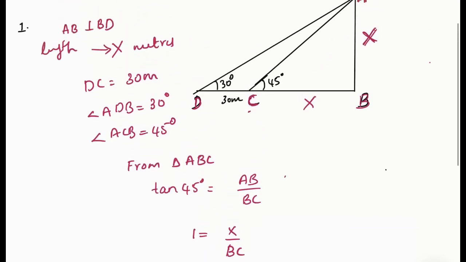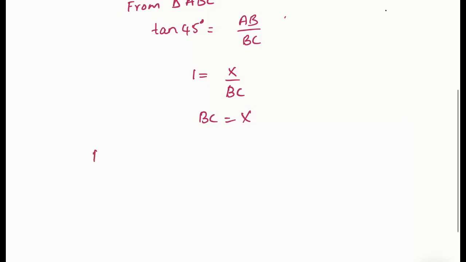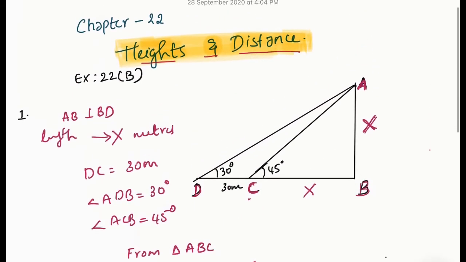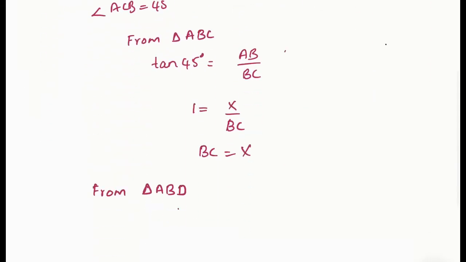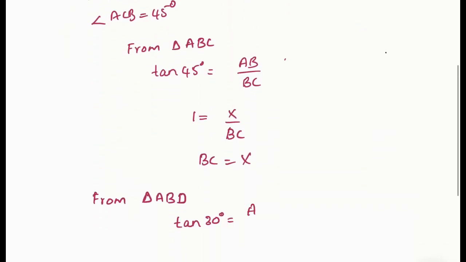Now taking the second triangle, from triangle ABD, let us take the value of tan 30. Tan 30 equal to AB by DB.